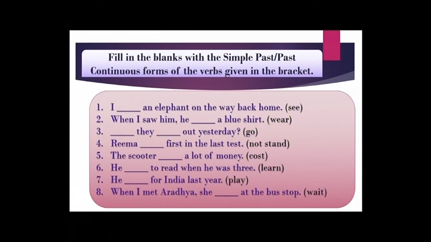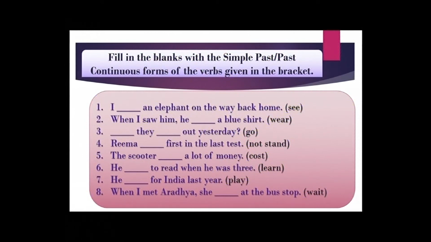First, I dash an elephant on the way back home, and the verb is see. Second, when I saw him, he dash a blue shirt, and the verb is wear.